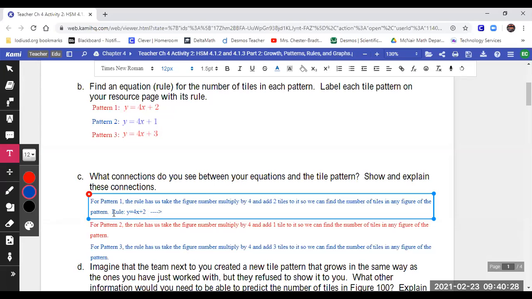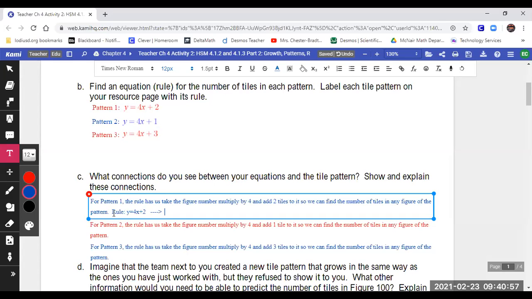So my fourth pattern had how many tiles in it? What did it say in our table for number 4? For the first pattern that we did yesterday, the fourth figure, what did it say the total numbers were?